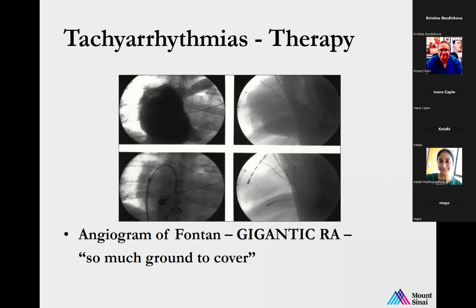If you look at pathology specimens of old-style Fontans, the thickness of the right atrium is very similar to that of a healthy adult ventricle. So not only do you have the problem of a very large area to map, typically multiple circuits, but you also have very, very thick myocardium in which it was difficult to create a big enough lesion to cause conduction block.